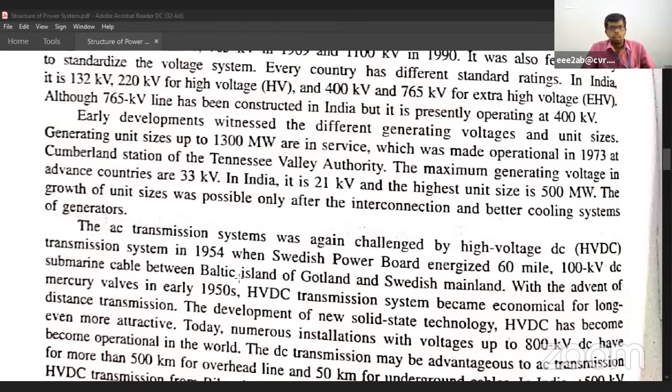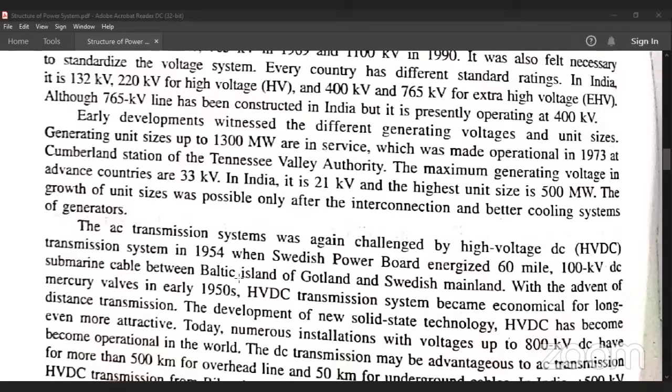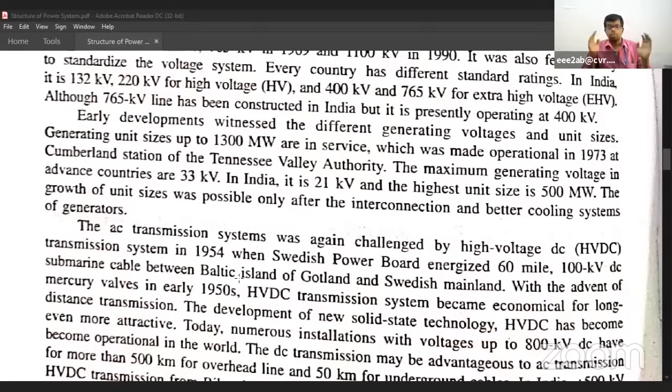Slowly they started from 2010 onwards; in 2012, 13 and 14 the entire thing was completed. Still they needed 4 years to integrate the entire country. So now whatever generation is integrated in one part can easily reach another part also. It depends on the interstate shares, which are discussed in detail in the class.